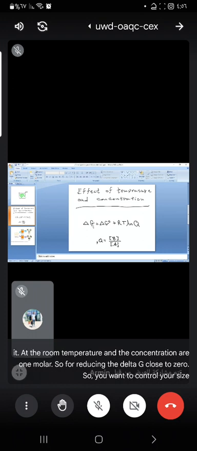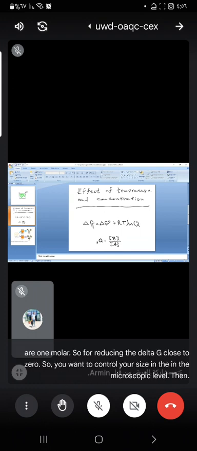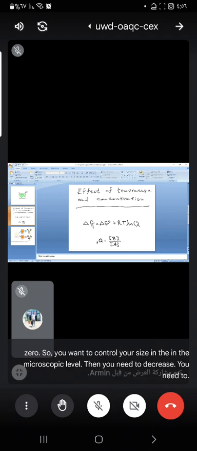So to reduce delta G close to zero, if you want to control your size at the macroscopic level, you need to increase the temperature, because delta G zero is most of the time negative.